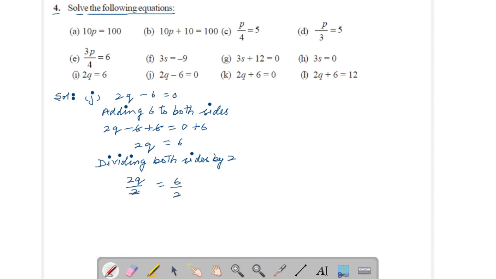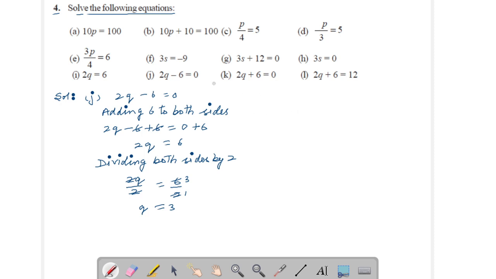Now simplify it. 2 is cancelled by 2. What will you get? q equal to, here divide 6 by 2. 2 ones are 2, 2 threes are 6. q equal to 3. This is your solution.